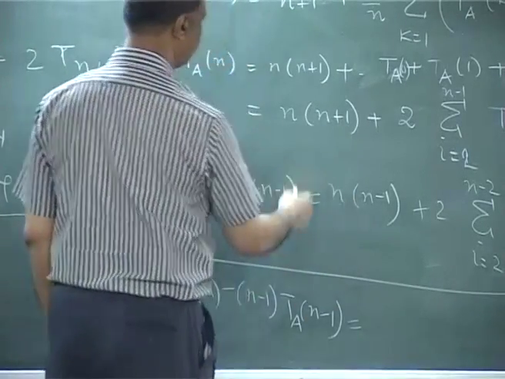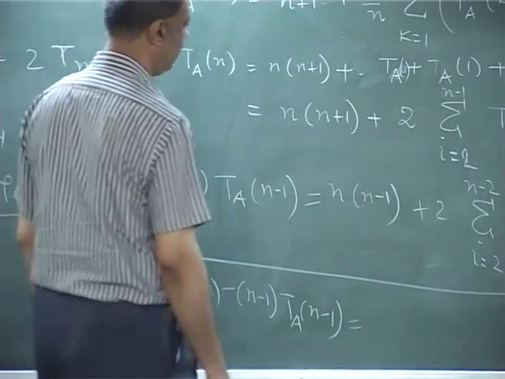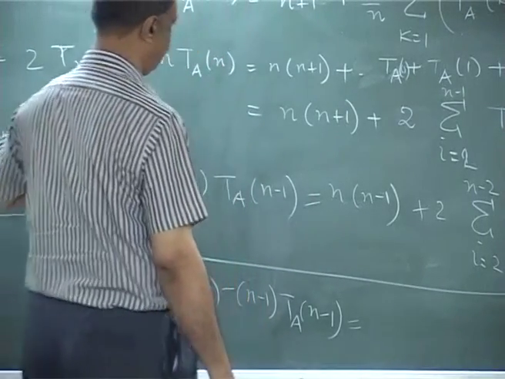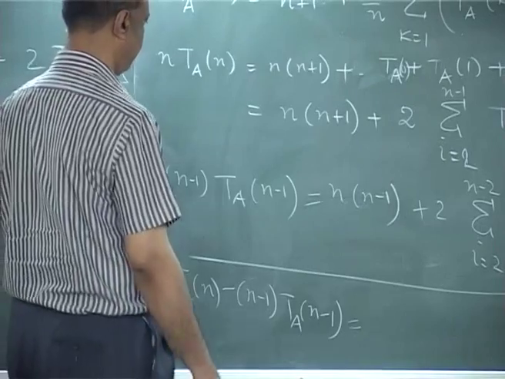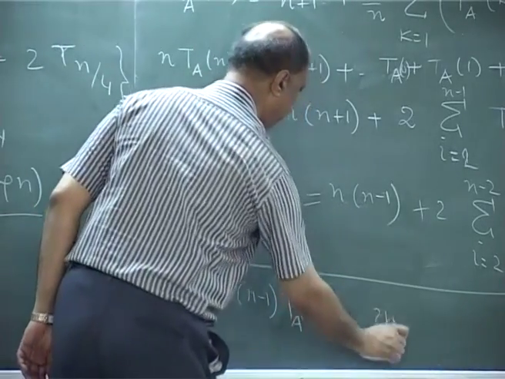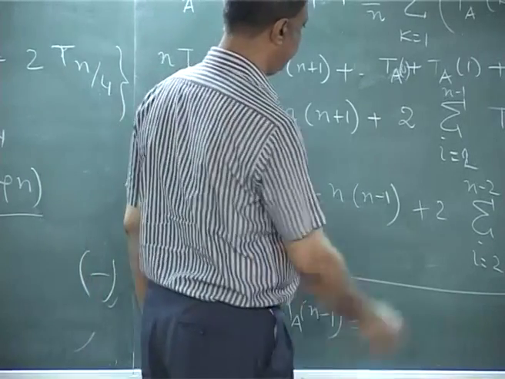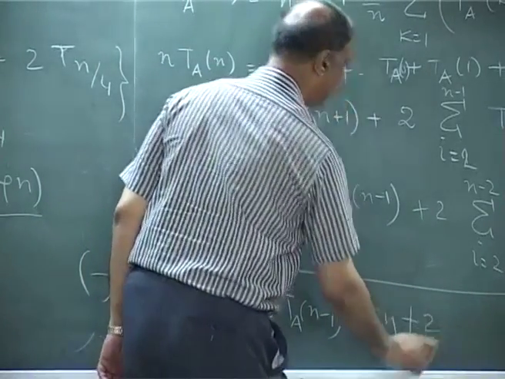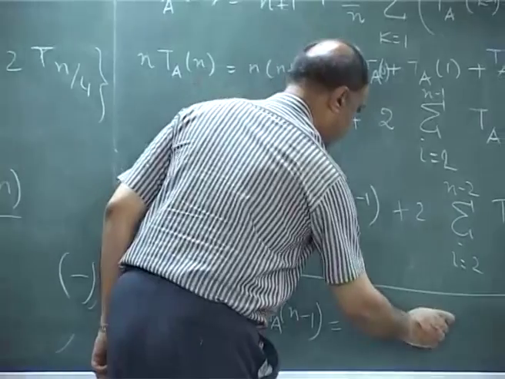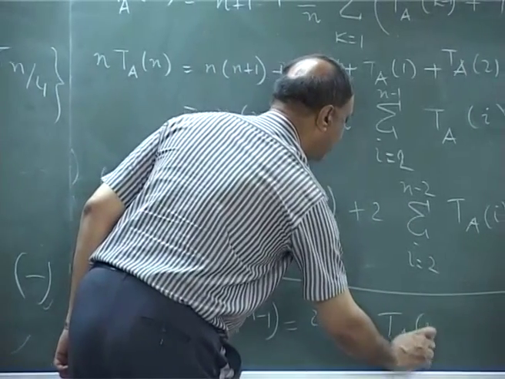Here n square gets cancelled, 2n, and here I get plus 2 times TA(n minus 1).